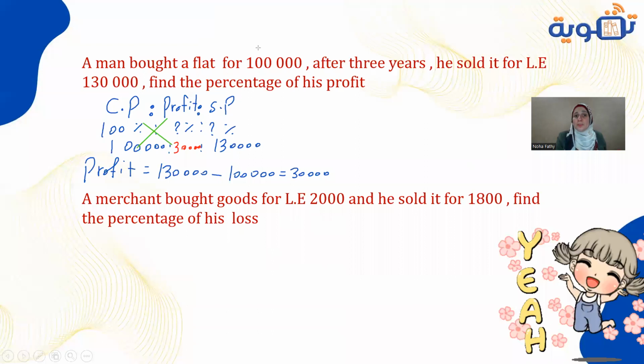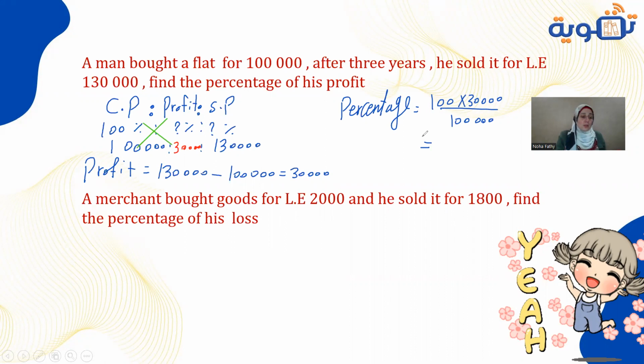So the percentage of the profit equals 100 times 30,000 divided by 100,000. Then the result equals 30%. This is the percentage of the profit.